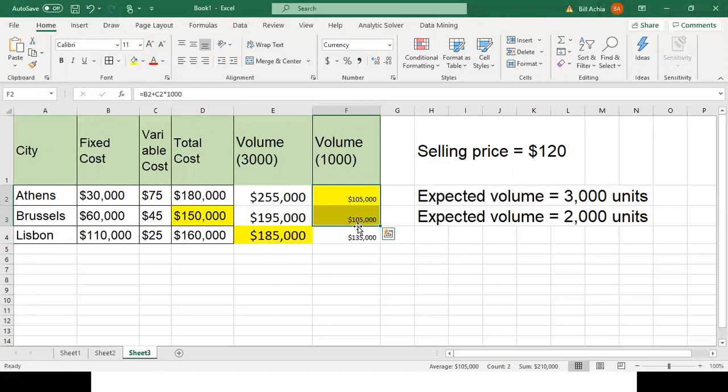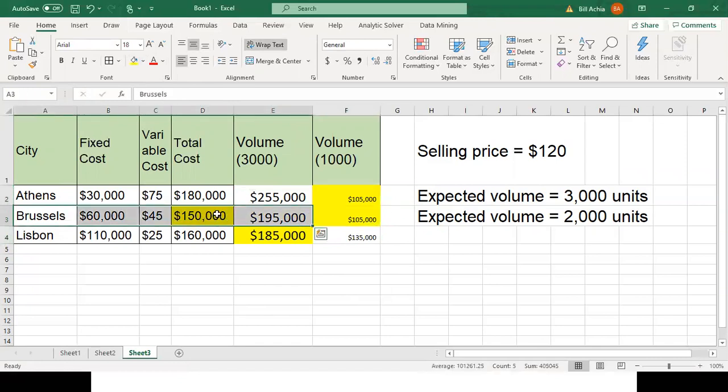So why am I doing this? I was talking about the crossover point. At what volume of product does it make sense for us to consider moving from Brussels to having our location in Lisbon? Because if our business is going to grow and expand, Brussels might not be the best option long term. It might be good right now when we have only 2,000 units being sold.